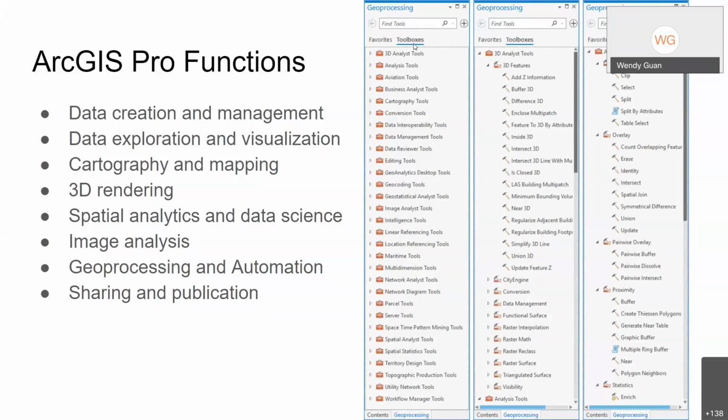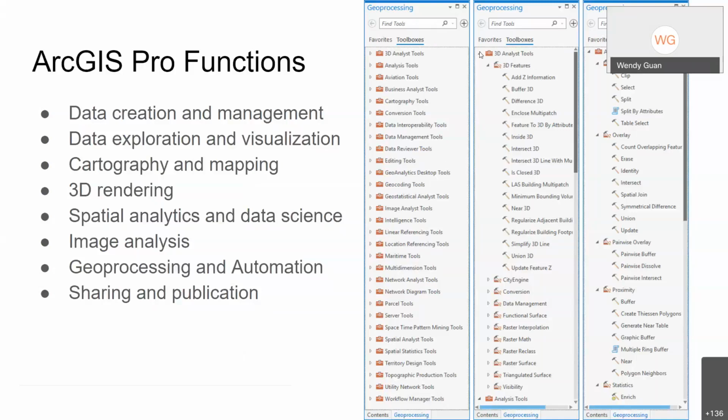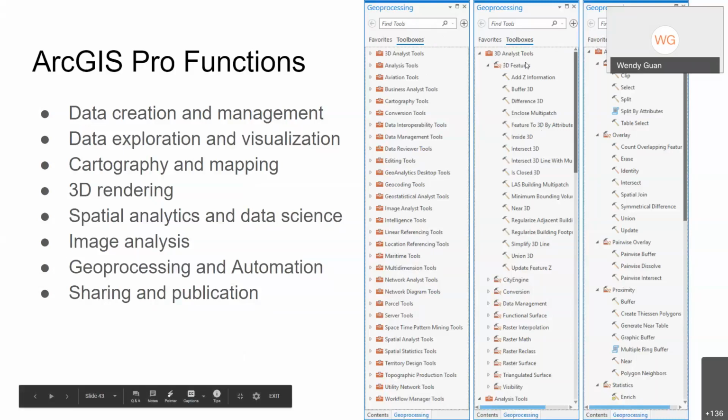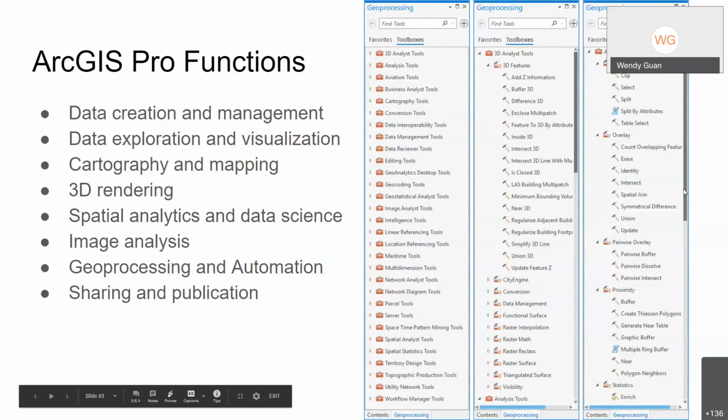There are that many tools, and I happened to just open the first one, and you can see how many there are just in the first one and the first subset. If you go to the next one, the analysis tools, it's too long. Look at the bar. It's too long, so we can't even see how many more are in there.